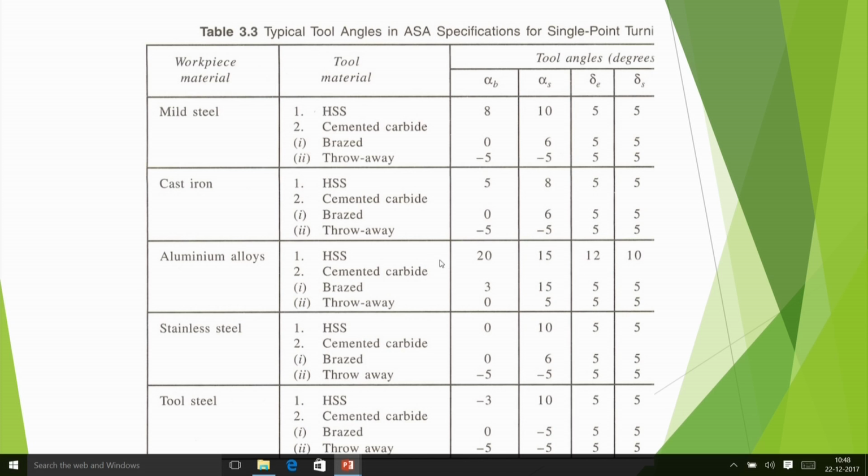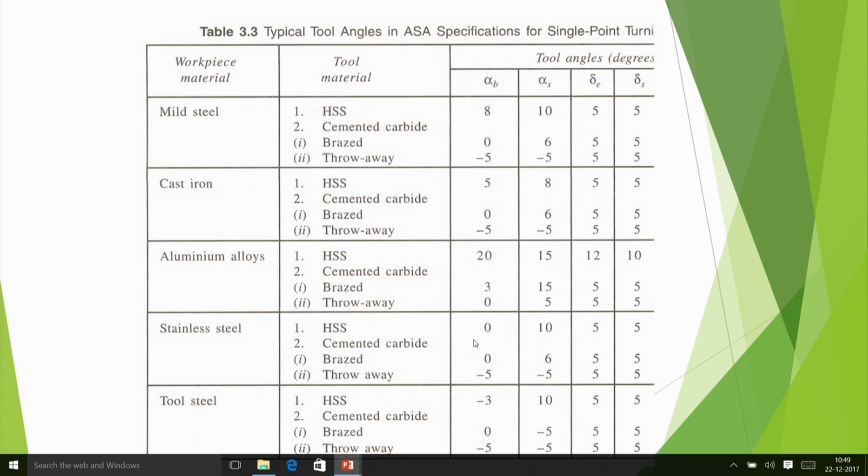Aluminium alloy, aluminium is naturally much soft material, so therefore HSS tool may have back rake angles or side rake angles to the tune of 15-20 degree, and throwaway tips may have 0 or some positive angle we can afford. And here these have been shown here.